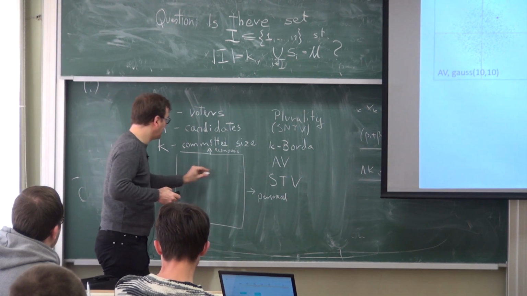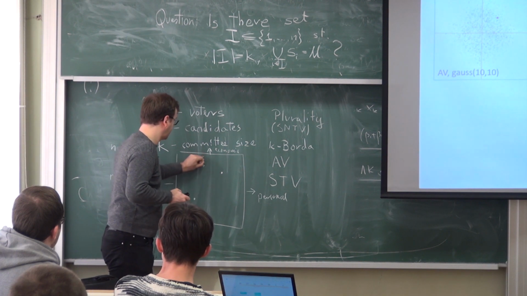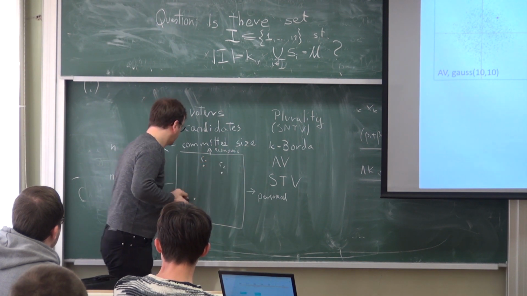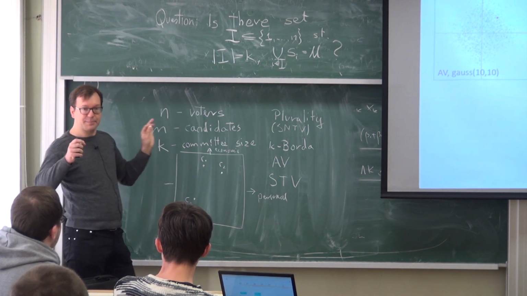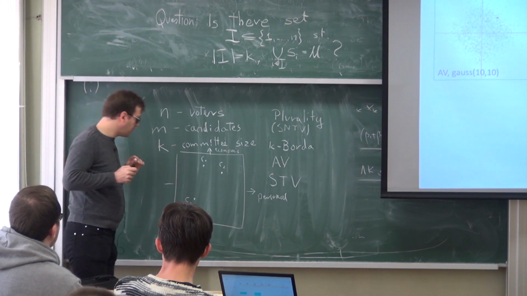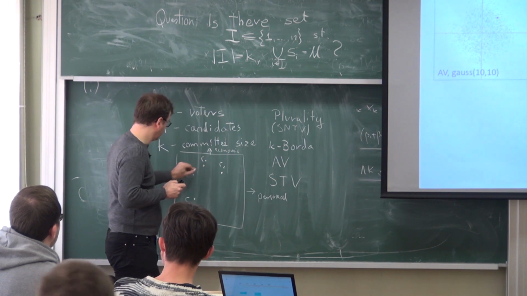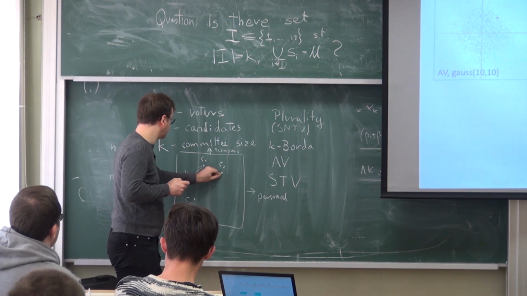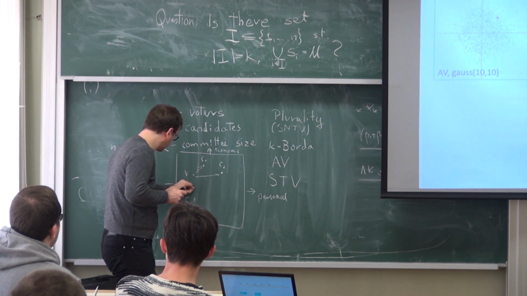Now, let's say there are some candidates, like candidate C1, C2, C3. The position of each candidate is his ideal position in the spectrum of possibilities. And if we have a voter, then he has some distance to each of these candidates. I'll move this guy a bit closer.